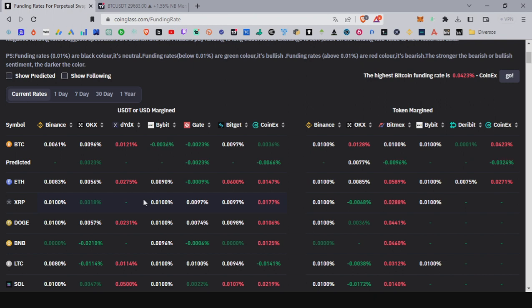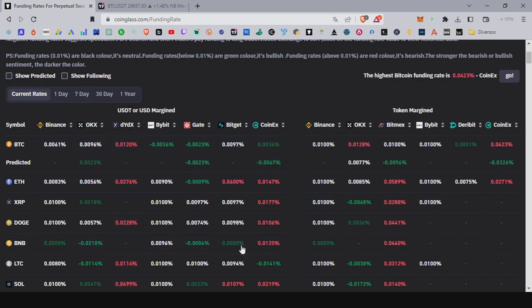That's why we have a red color. When you see a green color, the funding rate is negative, or really below 0.01. That's because people are putting their money into short positions here, and in order to liquidate these short positions, price must go up, right?